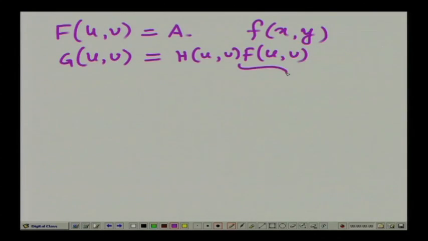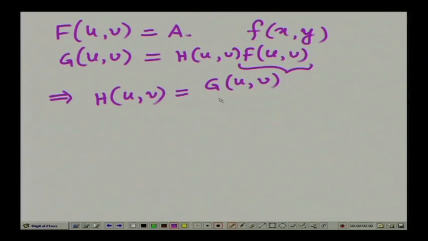Now, because this F(u,v) is the impulse response in the frequency domain, from here I straightaway get H(u,v), the degradation function, which is G(u,v) upon that same constant A. In this case, G(u,v) is the Fourier transform of the observed image, which is the response to the simulated impulse that has fallen on the camera.